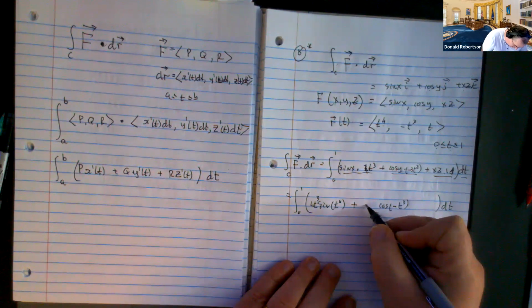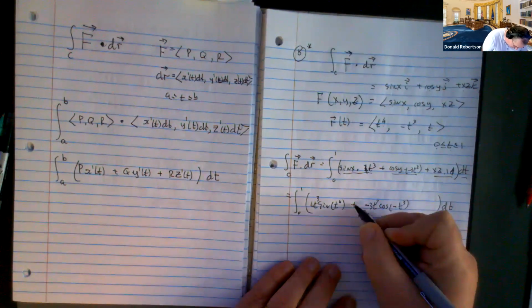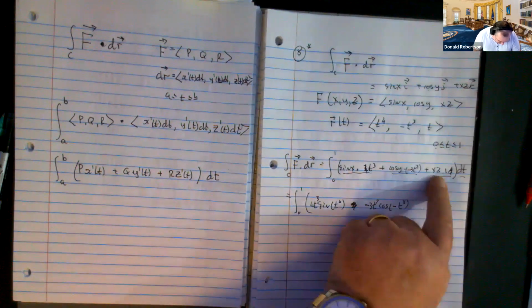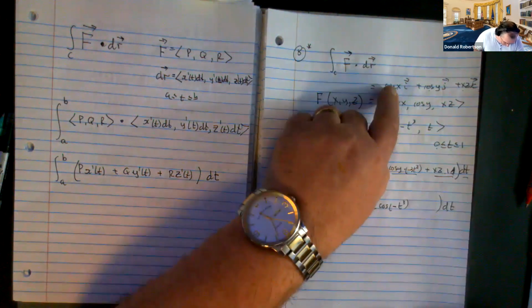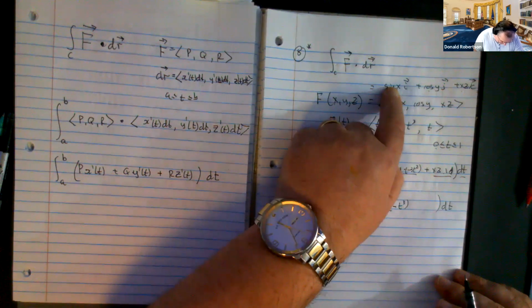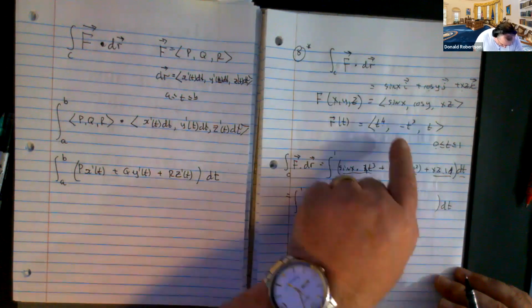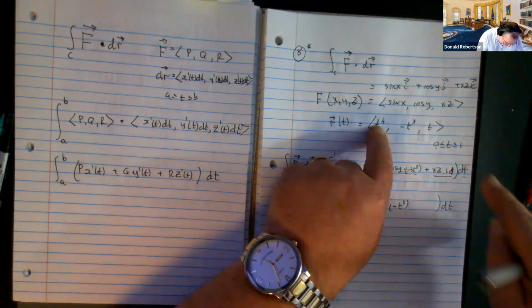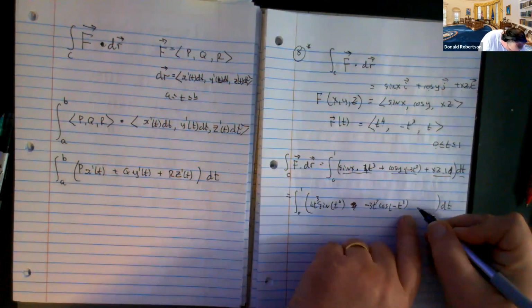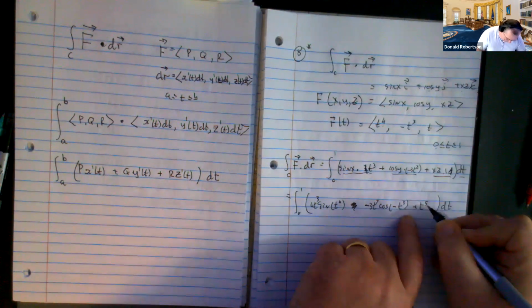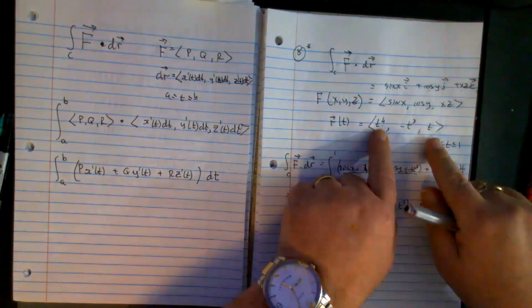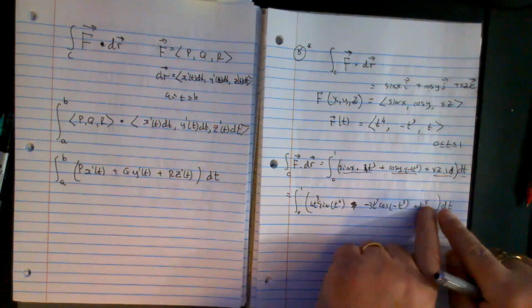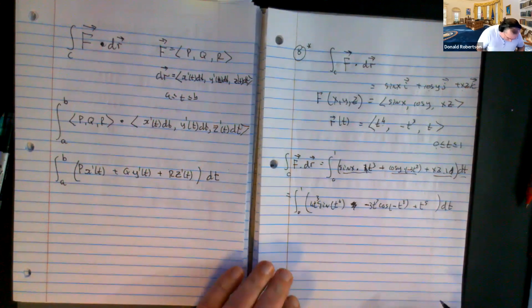And at the front, there's going to be a negative 3t squared. And then the xz, well, isn't the xz going to be that guy times that guy, which is t to the 5? Times the derivative, which is just 1, so none there.